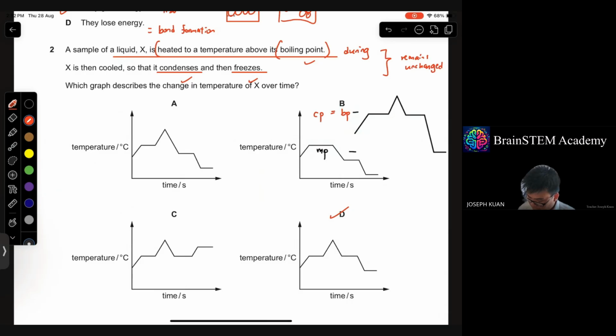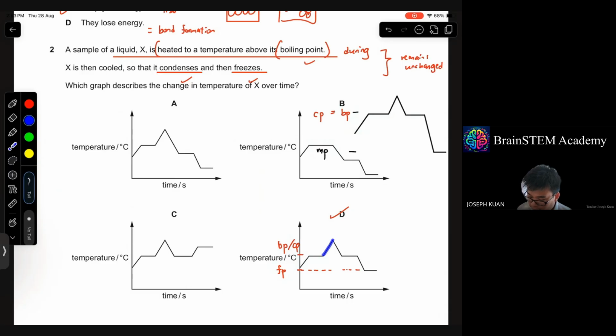Let's verify that once again. Starting with this being the boiling point, or what we call the condensation point, then this horizontal value is our freezing point. First, the chemical is found in the liquid state, because this temperature is in between the freezing point and the boiling point. Then you heat the chemical to its boiling point, it begins to boil, and it will turn into 100% gas.